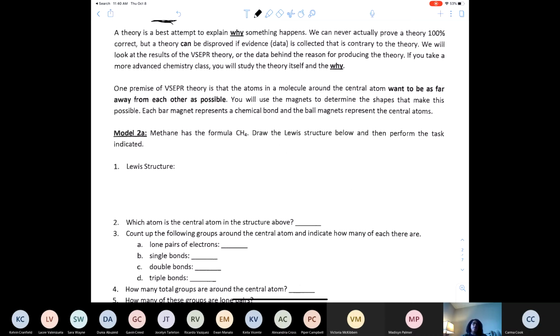Today, for the Lewis structures we draw, you're going to see pictures of models of those molecules. Based on the models, we'll determine how many bonding groups of electrons and how many non-bonding groups are around the central atom.